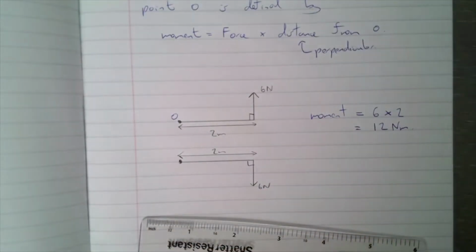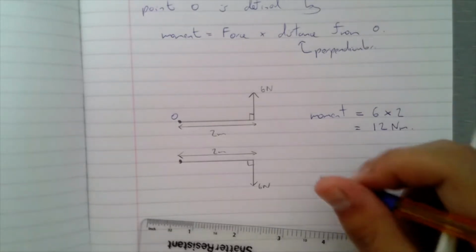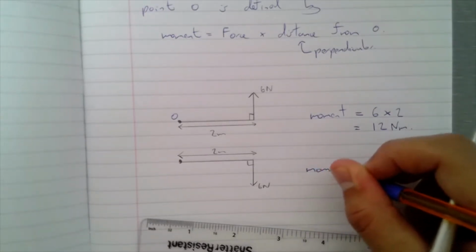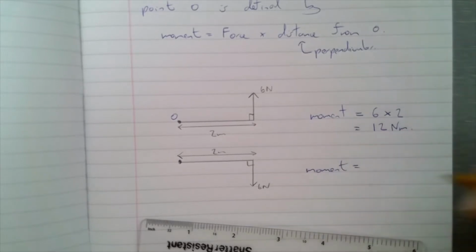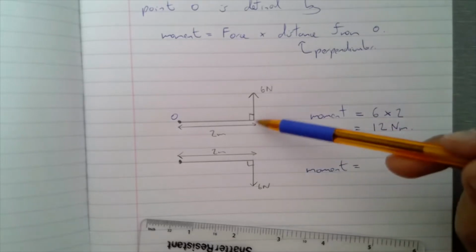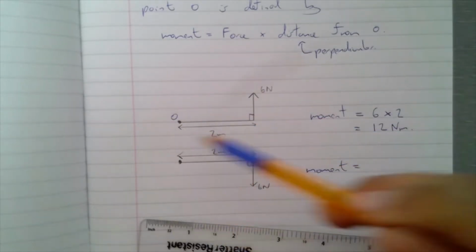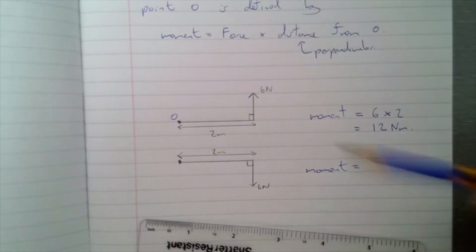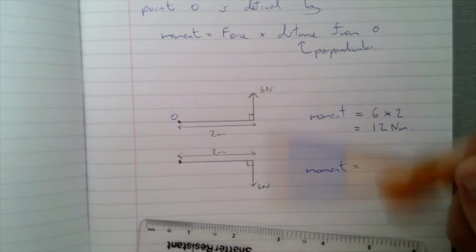So what would the moment be this time? Well, some people just say it's another 12 newton meters. However, we need to be able to differentiate between these two. This one goes around this way. This one is going to go clockwise instead. These two things are noticeably different. Both of these have got a force of 6 newtons.